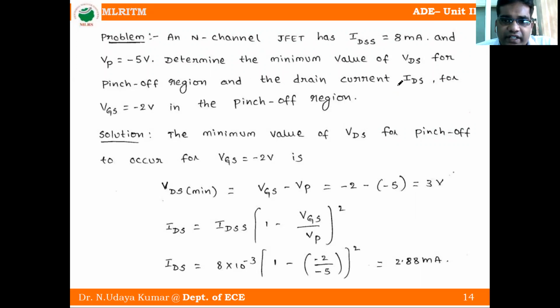Next, an N-channel JFET has IDSS equal to 8 milliamperes and VP equal to minus 5 volts. So this is another type of problem. Determine the minimum value of VDS for the pinch-off region and the drain current IDS for VGS equal to minus 2 volts in the pinch-off region.